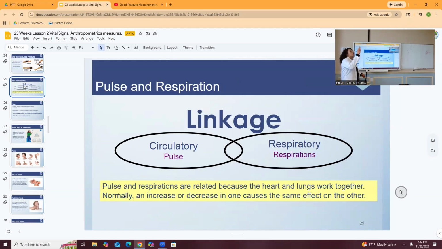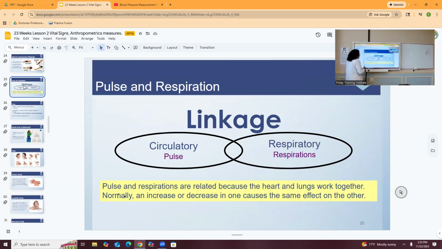To start talking about the rest of the vital signs, we're going to talk about pulse and respiration. Pulse and respiration are vital signs that are linked to each other. Pulse is going to evaluate the circulation, and respiration evaluates the work of the lungs.